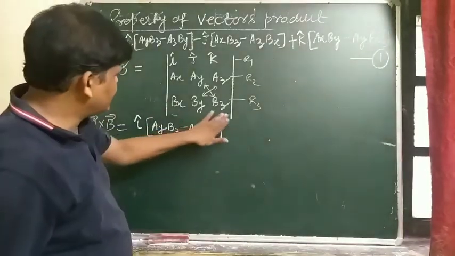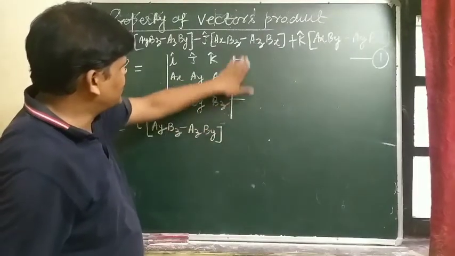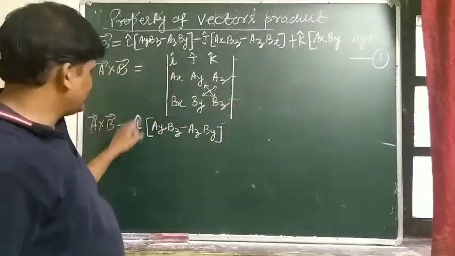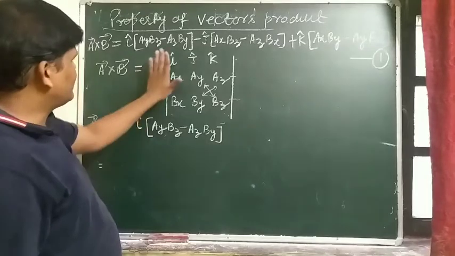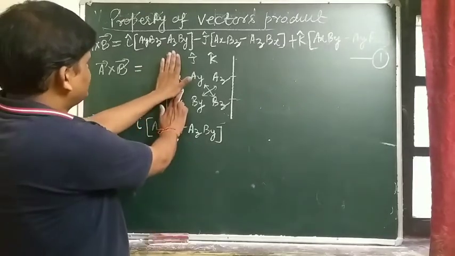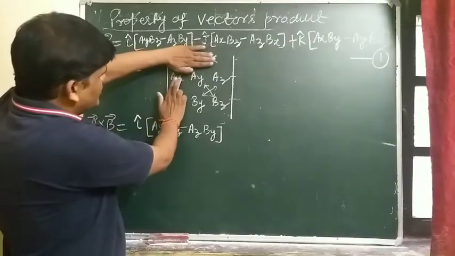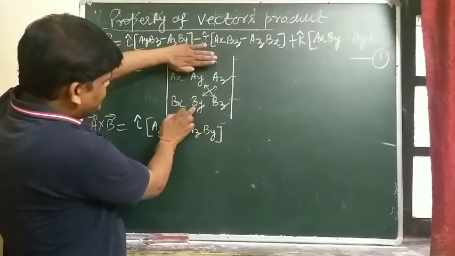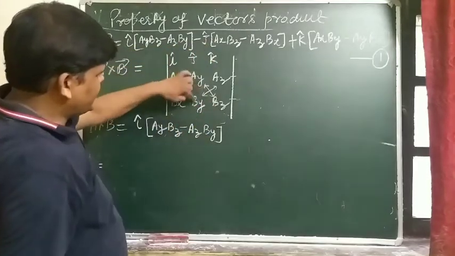So this is the expansion of a 3 column and 3 row determinant. First we take I and hide the first column and first row, so we multiply AY BZ minus AZ BY.